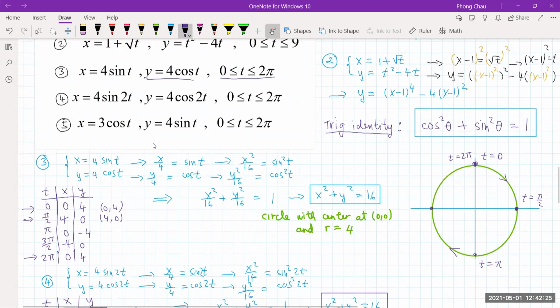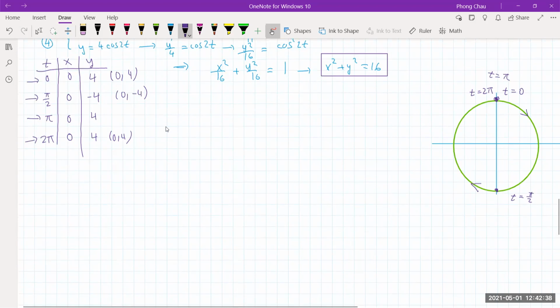Now, for number 5, I'm not going to spend more time on it, but when x equals 3 cosine t and y equals 4 sine t, what will be the difference? I can do it really quick, just roughly.